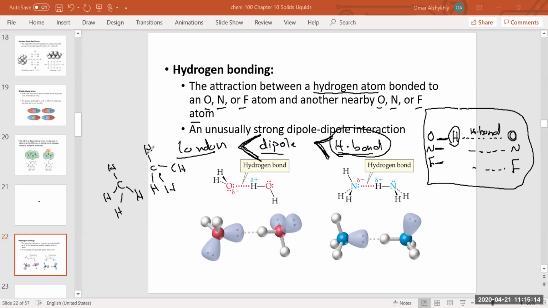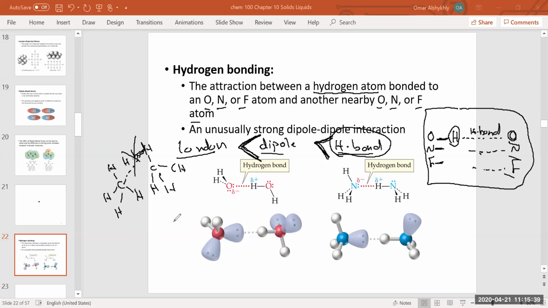We have a hydrogen, but can this hydrogen form a hydrogen bond with the carbon? No. Why? Because that hydrogen is bonded to the carbon. We need a hydrogen bonded to oxygen, nitrogen, or fluorine.